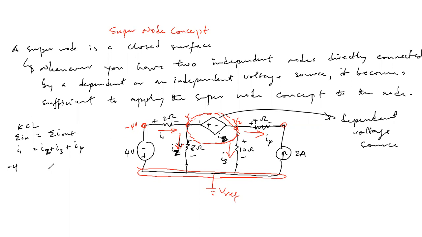So this is V1, right? Minus V1, 2 is the same as I2, which is V1 minus Vref divided by 8, plus I3, which is V2 minus Vref divided by 10, plus V2.